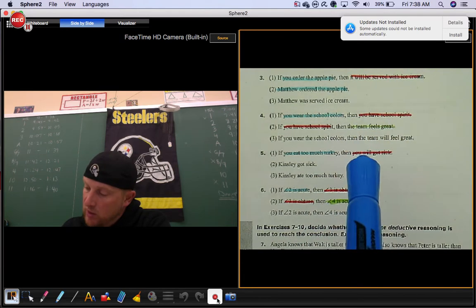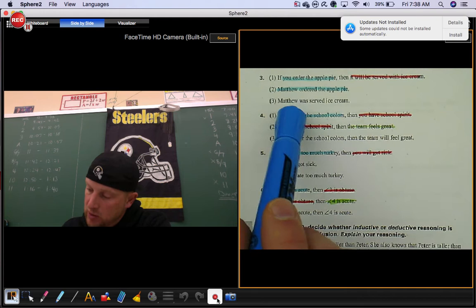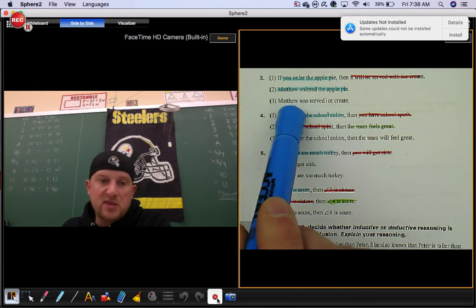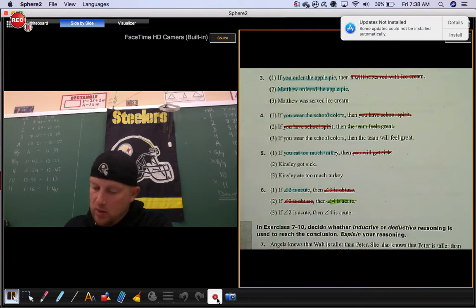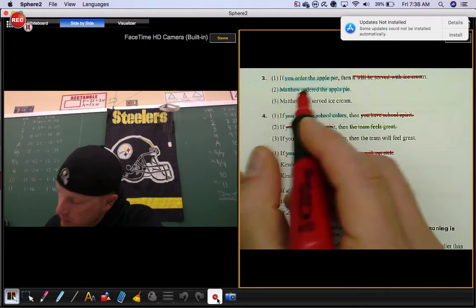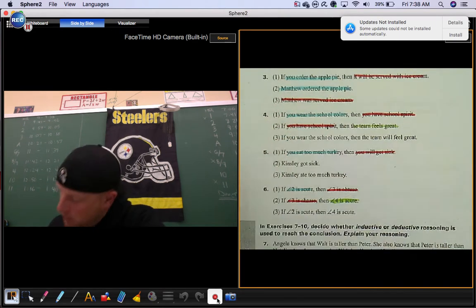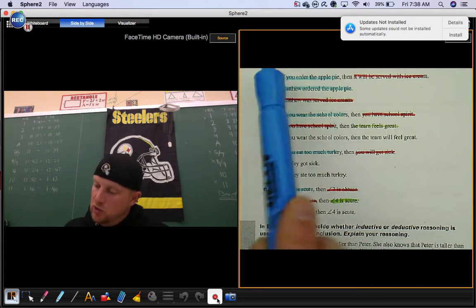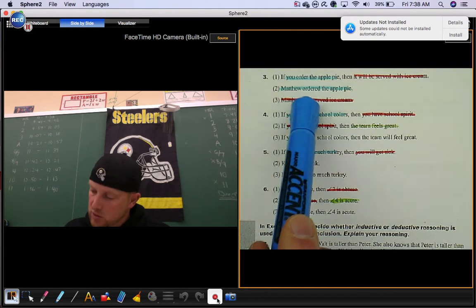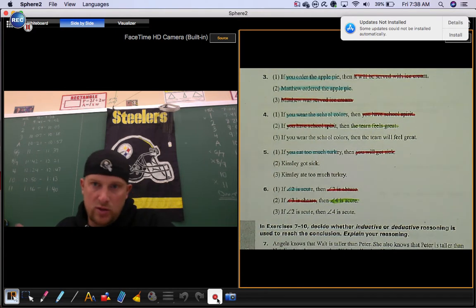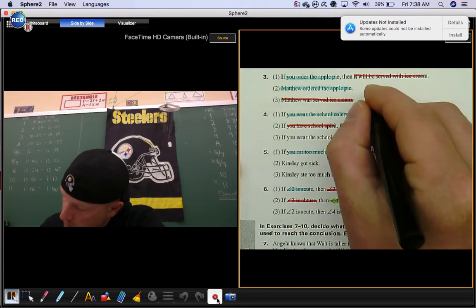It will be served with ice cream. Okay, so you can be specific here. Who was served ice cream? Matthew was. You had a true conditional. You had a true hypothesis. So you know the conclusion is true as well. This is law of detachment.